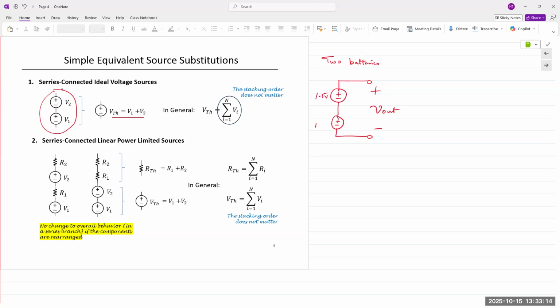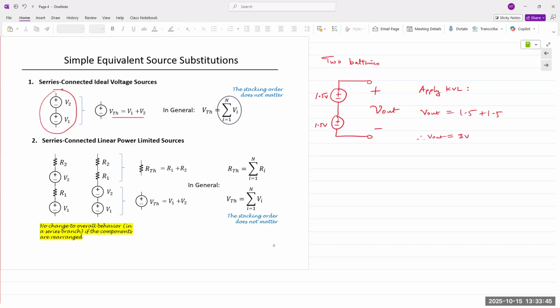This is 1.5 volts, and this is 1.5 volts connected in series, and you apply KVL: V out is equal to 1.5 plus 1.5. So V out is 3 volts.